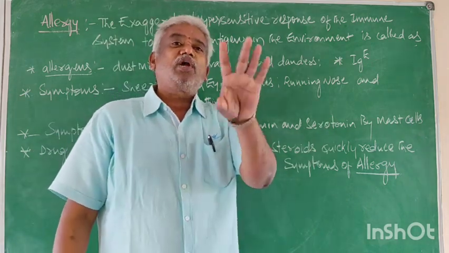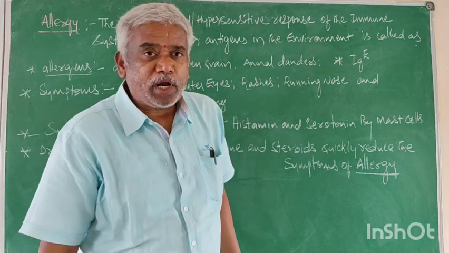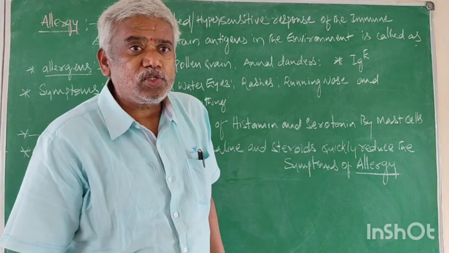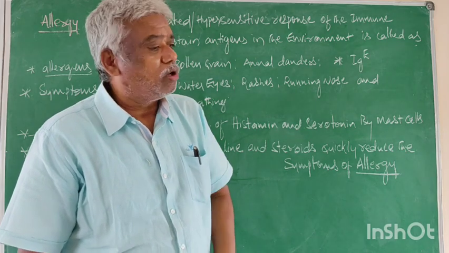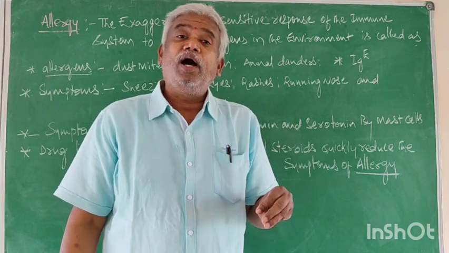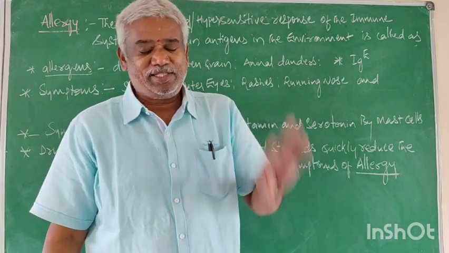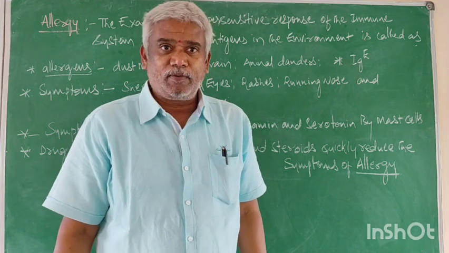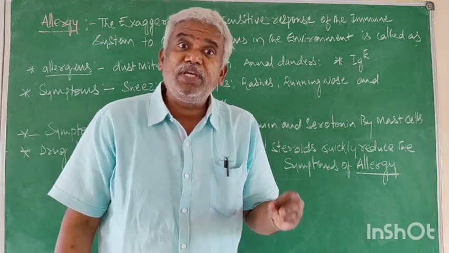That is production of antibody. And the production of antibodies is done by which system? Digestive system or reproductive system? Immunity system. Which cell? B cells. The production of antibody is the function of B cells.